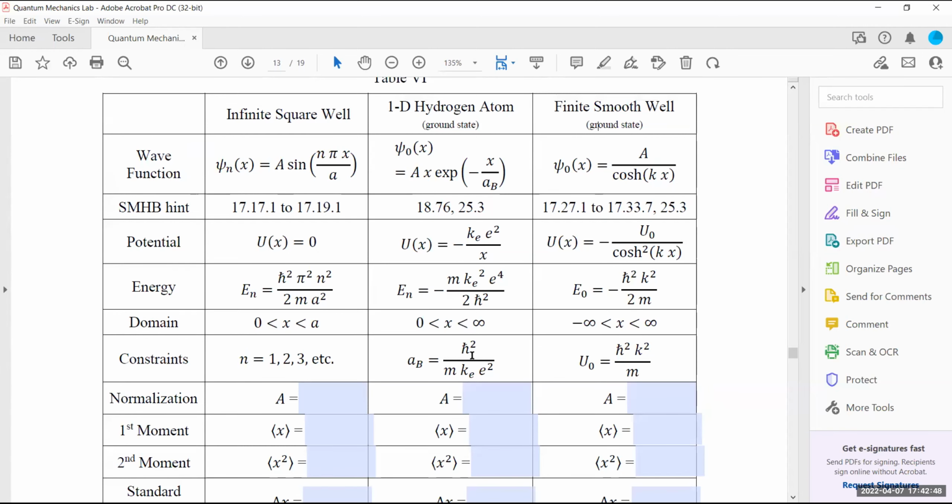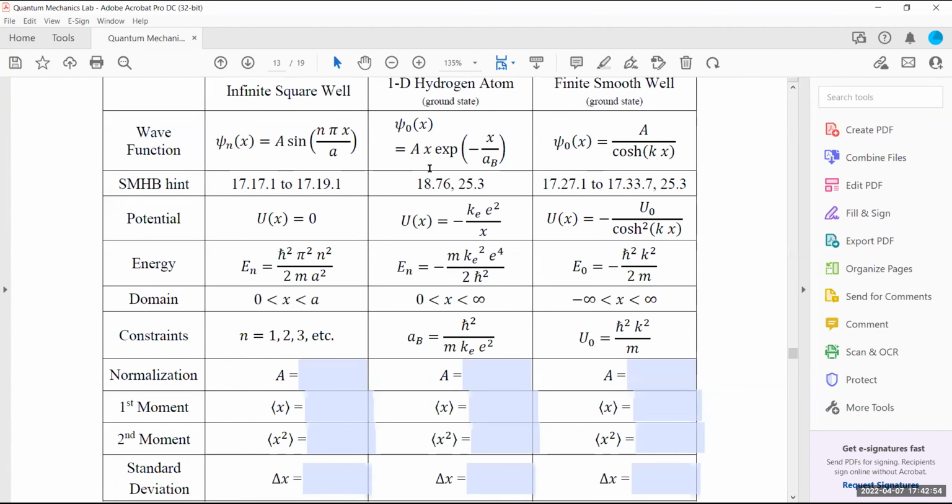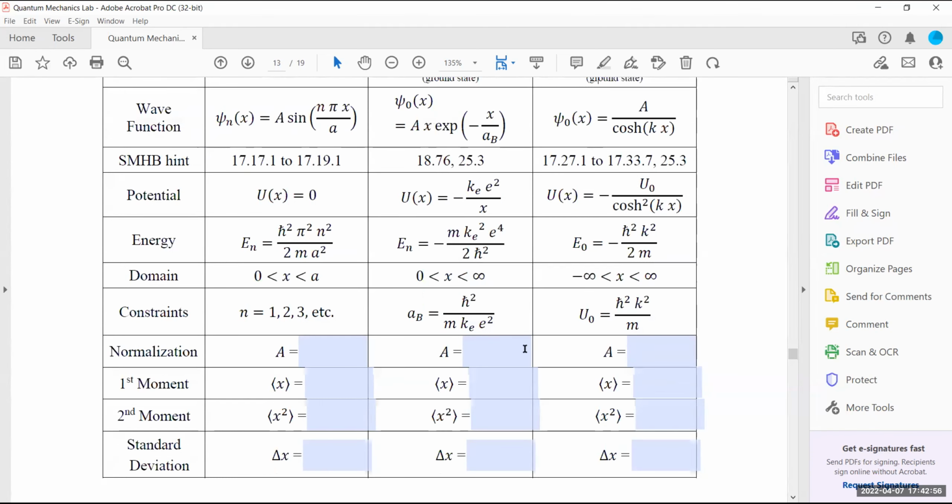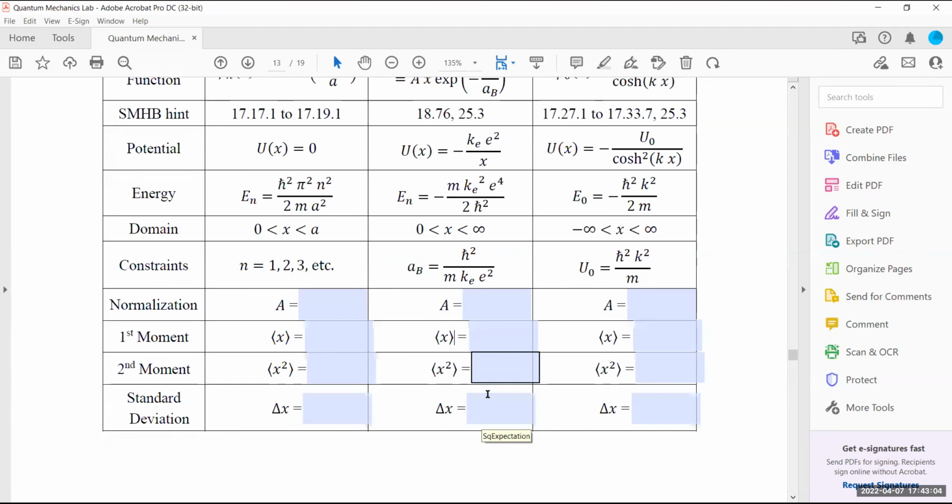So we're just dealing with the ground state for these two, but this one is actually all the wave functions psi n. Anyway, so you should be able to do all of these integrations, x squared, and delta x, which is just the square root of this number minus this number, and you plug it in here. I mean, I know the work is a lot, but is this manageable, at least in principle?